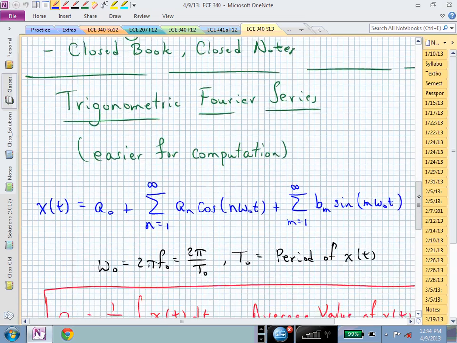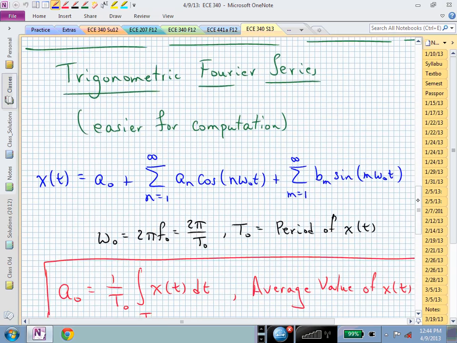Let's quickly review what we have learned about the first Fourier series, which is the trigonometric Fourier series. And this one's maybe easier to intuitively think about in terms of computing, finding these A's and B's. The structure of x of t, if we have a periodic waveform, is that it is just going to be made up of a sum of sines and cosines, and maybe a DC offset.